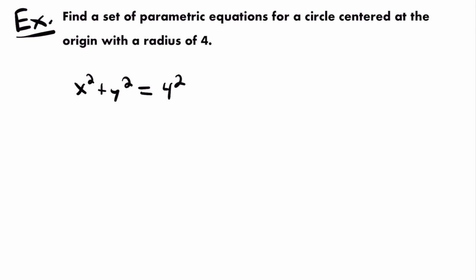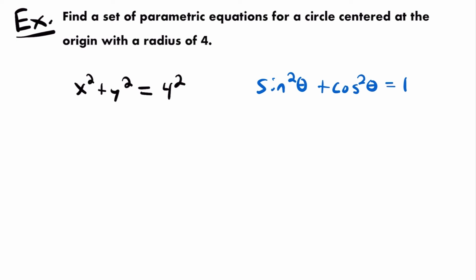And so the way that we can do that is rewrite this equation into a form that closely represents that Pythagorean identity for sine and cosine, right? We know that sine squared theta plus cosine squared theta is equal to 1. And so we want this 4 squared to become 1, and what we can do to do that is divide both sides by 4 squared.